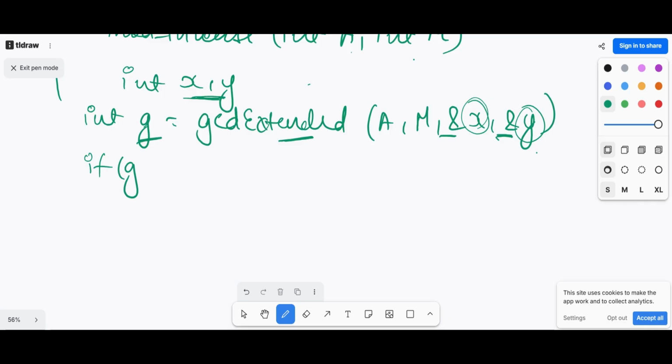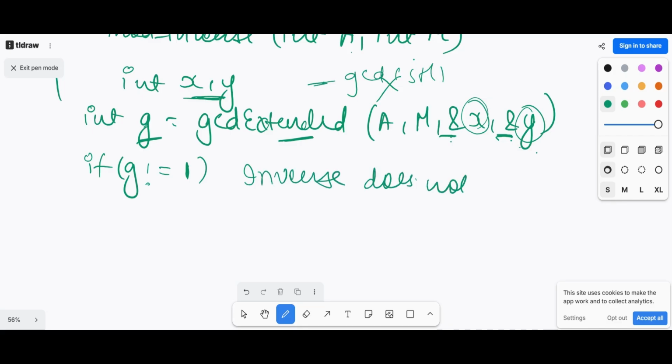So we cannot directly apply the built-in __gcd STL function, because we have to find the GCD and, alongside finding the GCD, set these values x and y. So if this GCD is not equal to 1, that means these are not co-prime, so the inverse does not exist. This inverse will exist only if the values are co-prime.